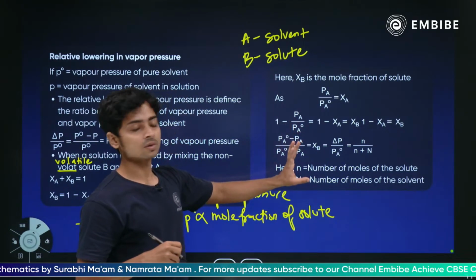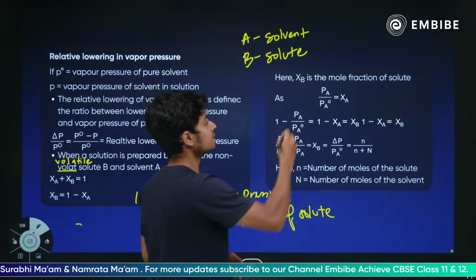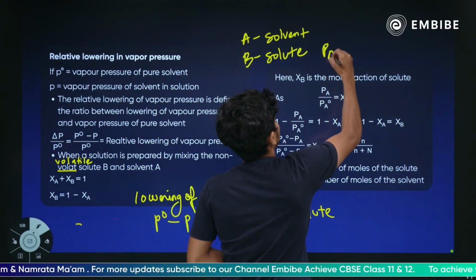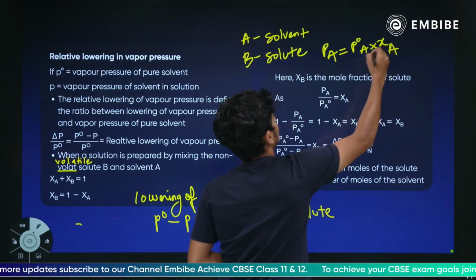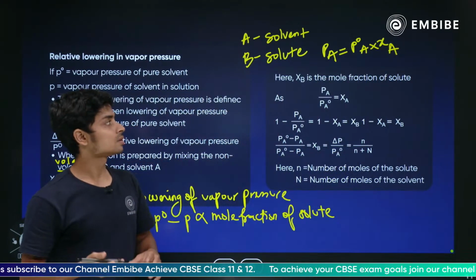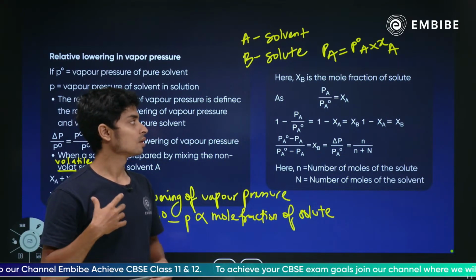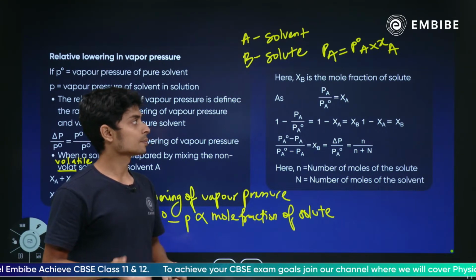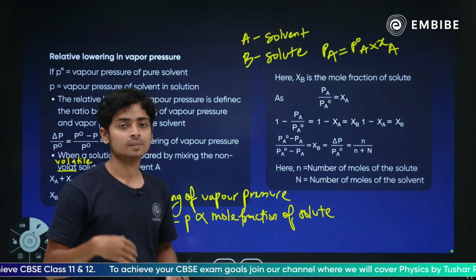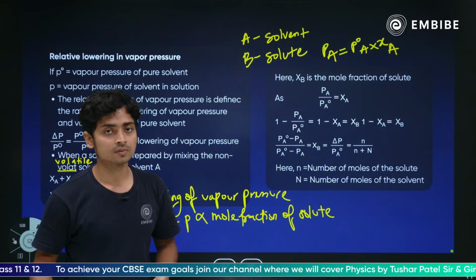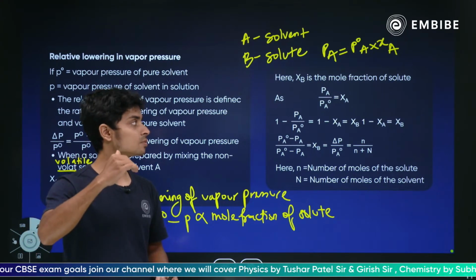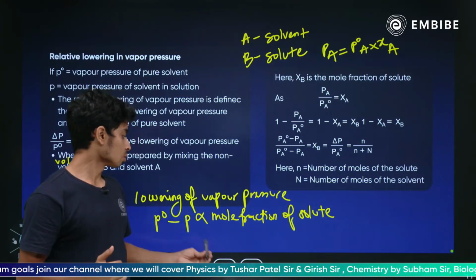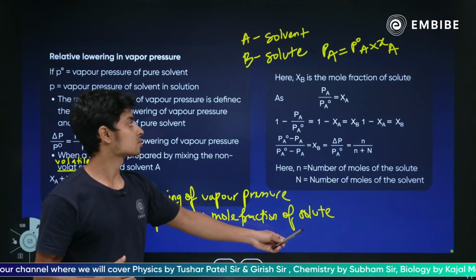We know from Raoult's law that PA is equal to P naught A into xi of A, which is the vapor pressure of the solution equal to the vapor pressure of the pure solvent multiplied by the mole fraction of the solvent. When you add a non-volatile solute, the vapor pressure will lower. This lowering is proportional to the mole fraction of solute.